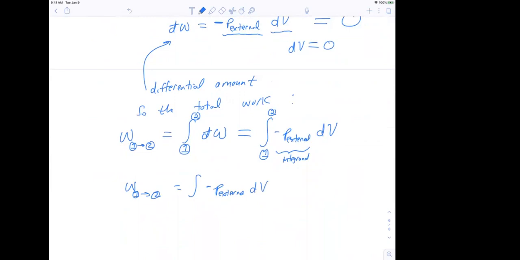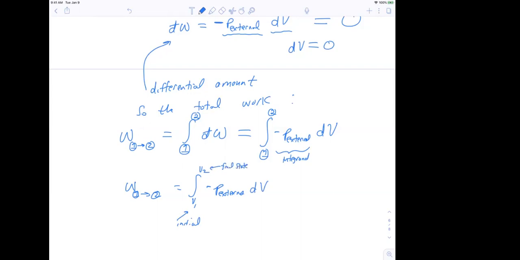But since work is going to depend on volume, we can write V1 to V2, where V1 and V2 are the volumes that correspond to our initial and final states. So this is our initial state, and this is the volume in the final state.